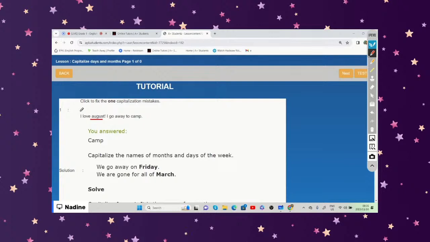And August needs to be capitalized, with the start of a capital letter, because that is a month of the year.